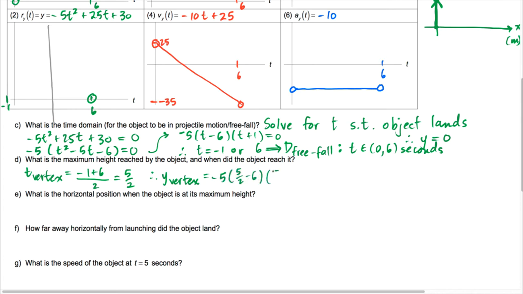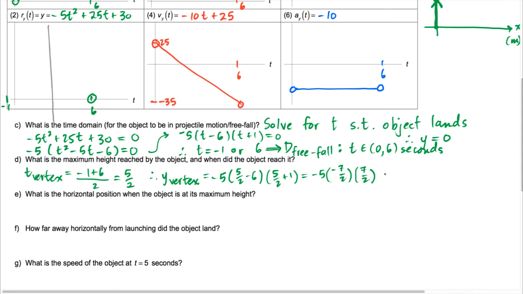And so doing this gives me negative 5 times (5 over 2 minus 12 over 2, which is negative 7 over 2), multiplied by (5 over 2 plus 2 over 2, which is positive 7 over 2). It's no coincidence that we get plus or minus 7 over 2 for each of these factors when we substitute the midpoint of the time intercept values for the vertex into the formula, because that's just showing we have equidistance on either side of the axis of symmetry to these two time intercepts.